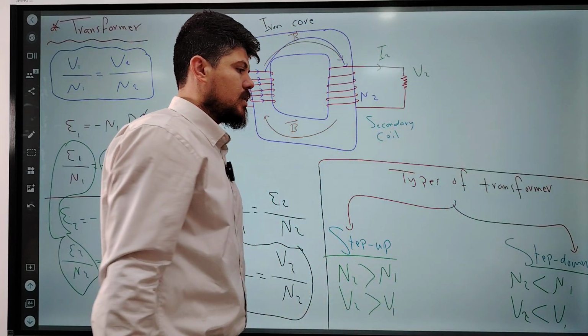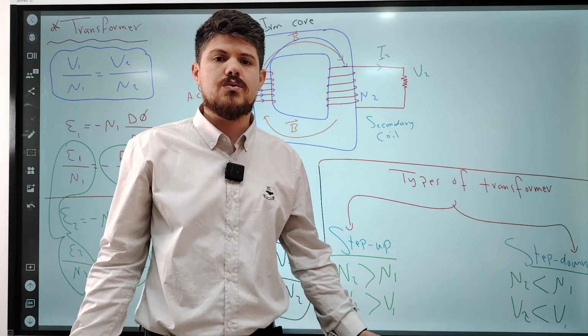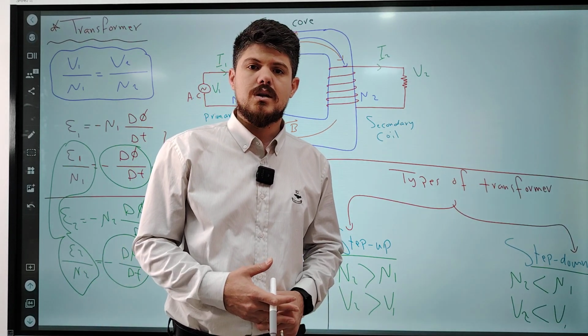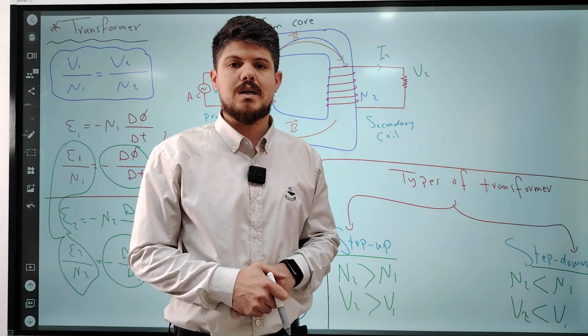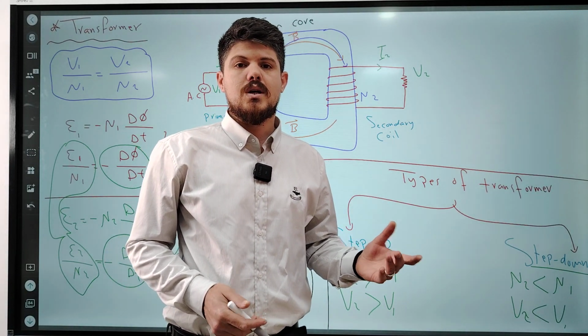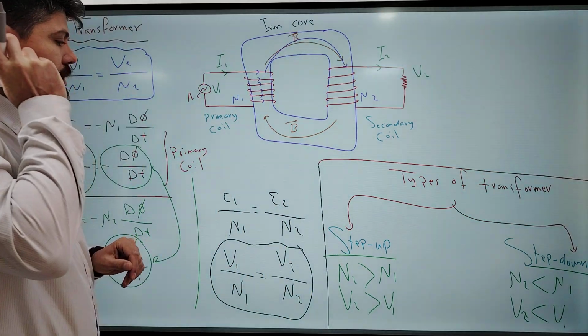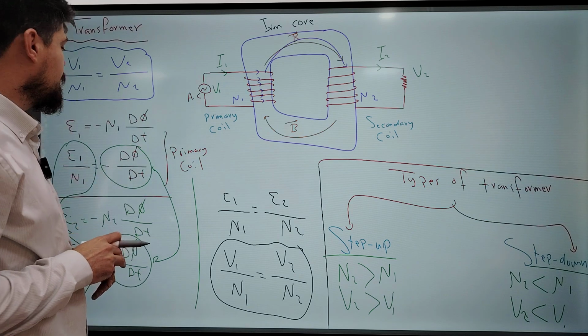Such as a smartphone, which requires only 4 volt or 5 volt. So in this case, we have to use the step down transformer from 240 volt to 5 or 4 volts. So this is generally about the transformer.